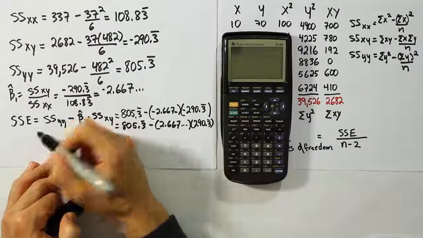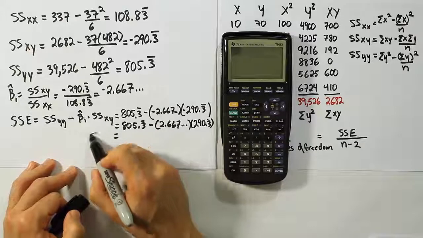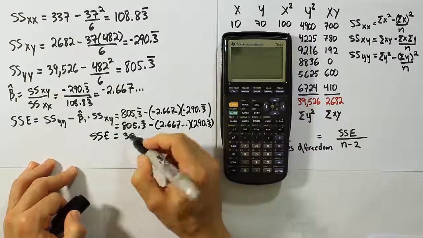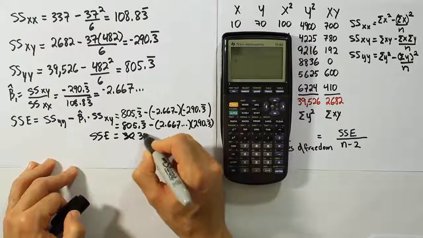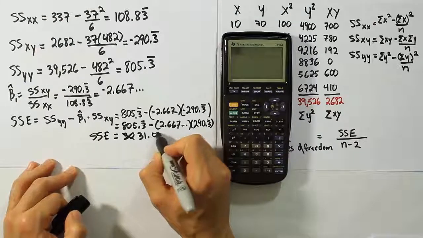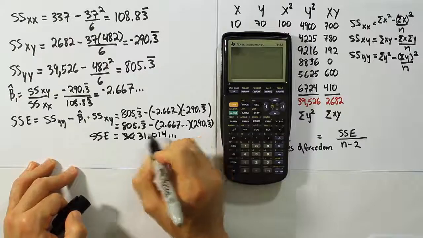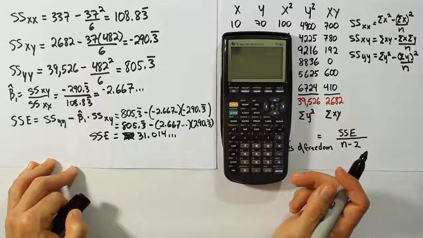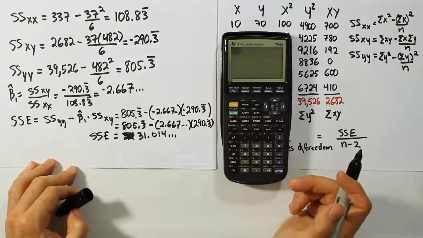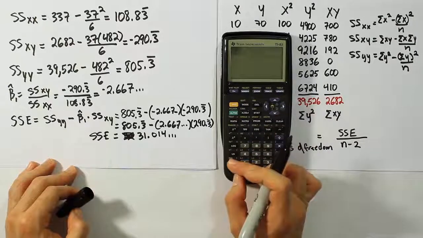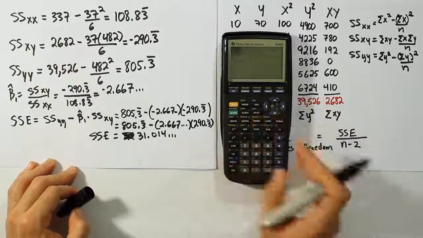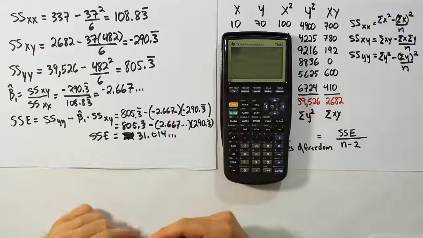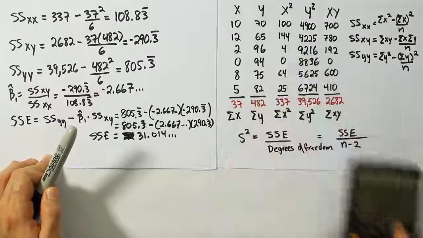So SSE turns out to be 31.014. All right, now I'm going to store that number into our calculator as x because we're going to need that number in a moment. So I stored that in my calculator. I have it handy. Let's go and see how to finish the problem.